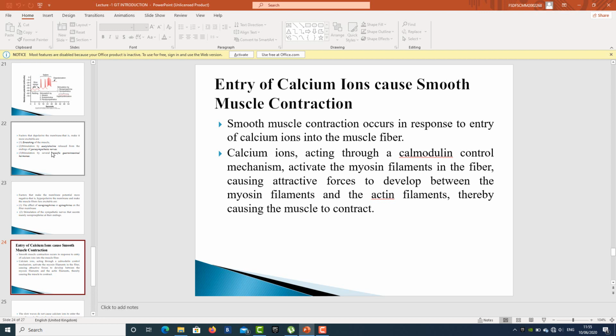Entry of calcium ions causes smooth muscle contraction. Smooth muscle contraction occurs in response to entry of calcium ions into the muscle fiber. Calcium ions acting through a calmodulin control mechanism activate the myosin filaments in the fiber, causing attractive forces to develop between the myosin filaments and the actin filaments, thereby causing the muscle to contract.